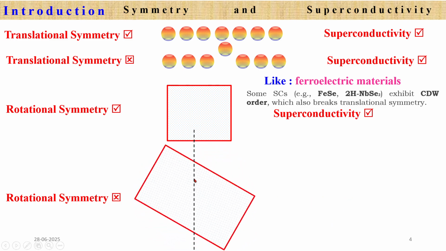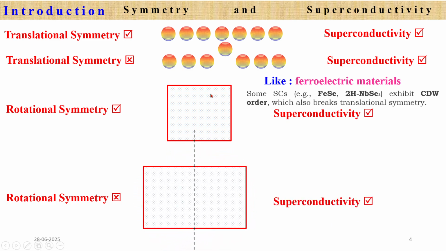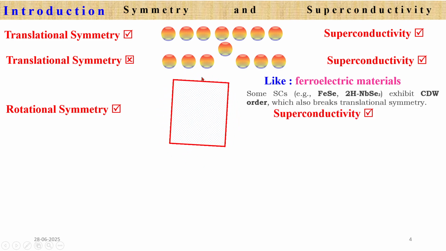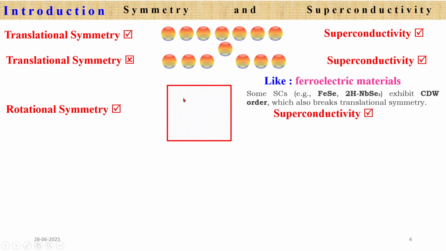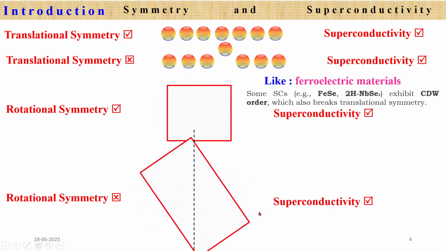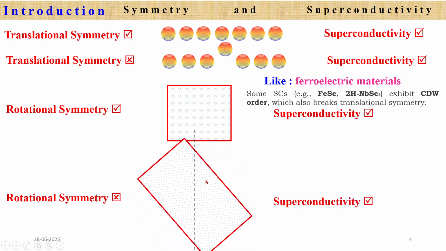This is the C2 fold rotation. So the superconductivity is breaking, but in the above one, this is the C4 fold. So the superconductivity is preserved, the rotational symmetry is not breaking, but in this one the superconductivity is breaking because this is the C2 fold.